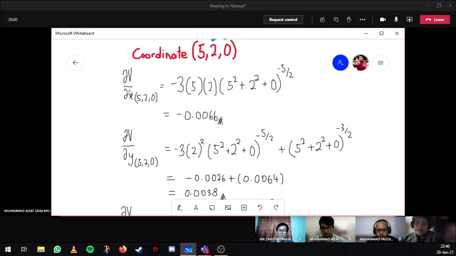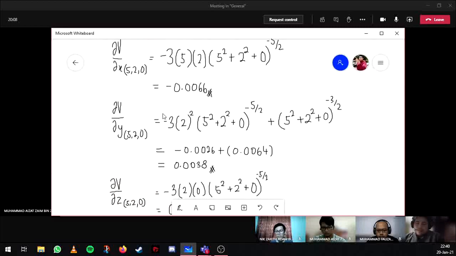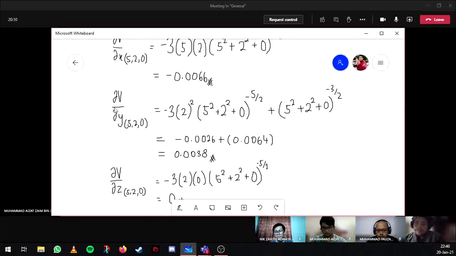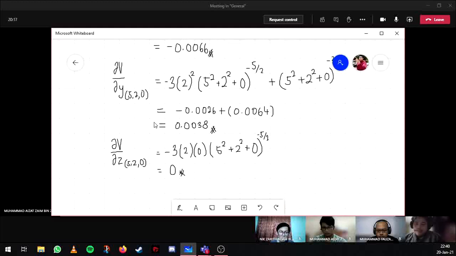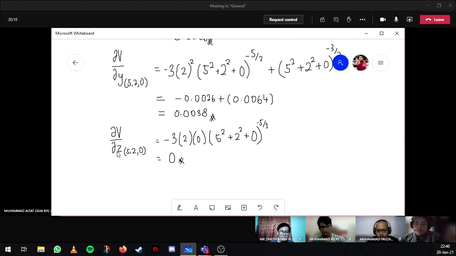For delta v over delta x, the final value we get is negative 0.0066. For delta v over delta y, the final value we get is 0.0038. And for delta v over delta z, because z is 0, the whole equation becomes 0.